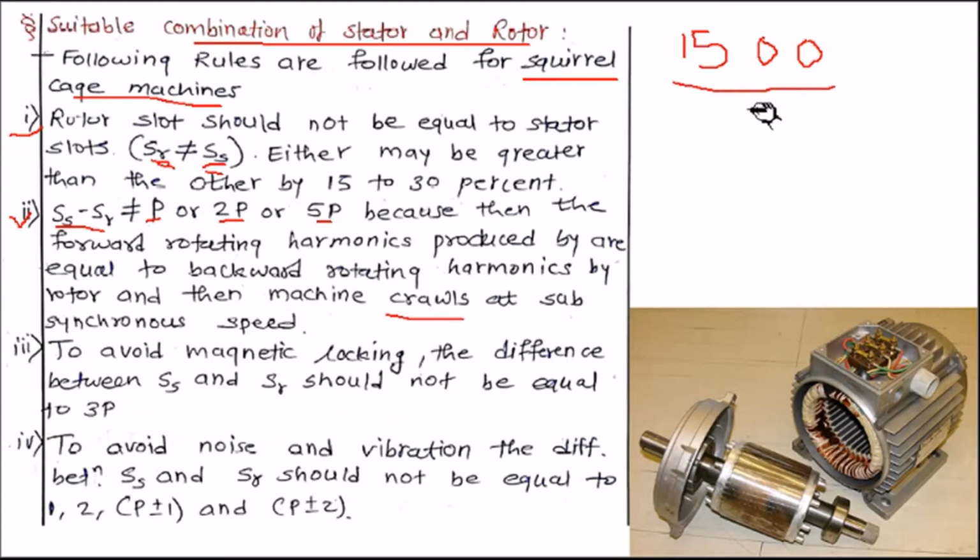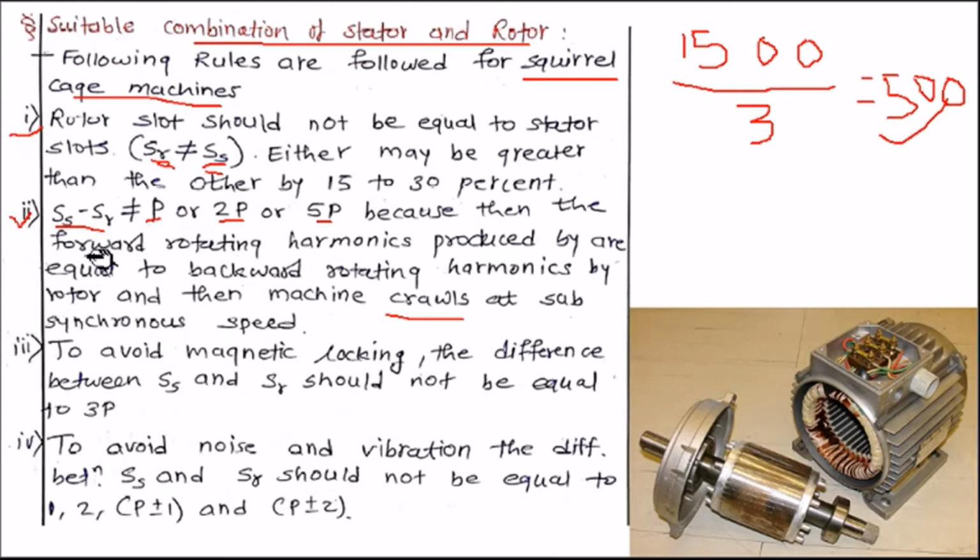Suppose you divide 1500 by 3; this is your sub-synchronous speed, which is 500 rpm. So your motor will rotate at a speed less than synchronous speed, here 500 rpm. This phenomenon is called crawling, that is, your motor rotates at sub-synchronous speed.